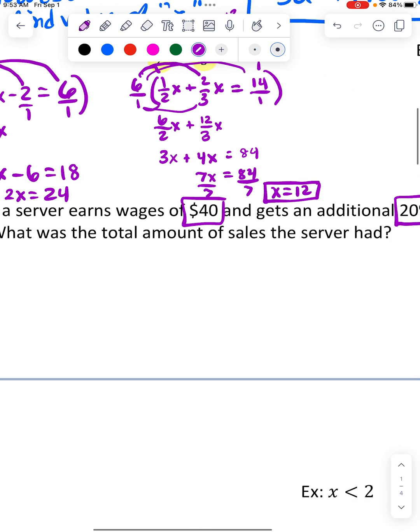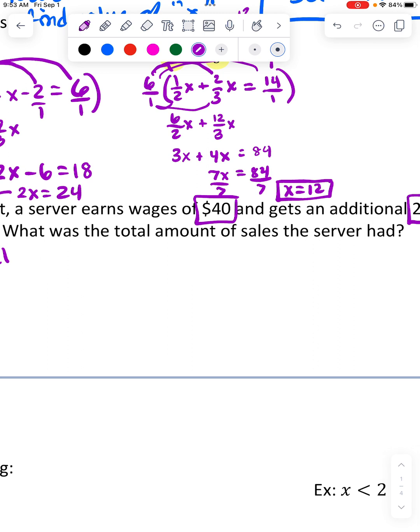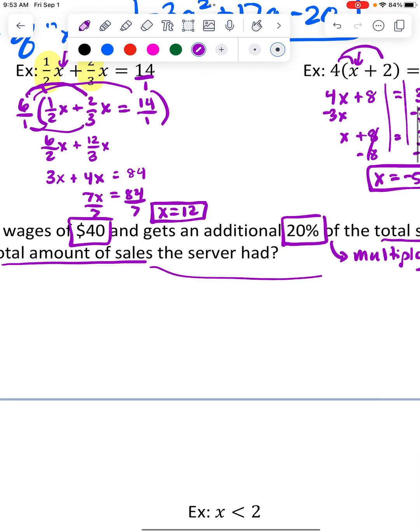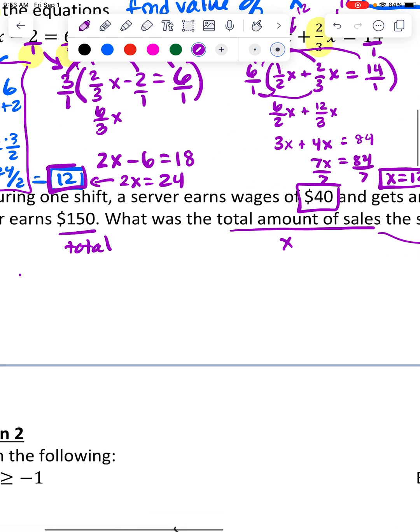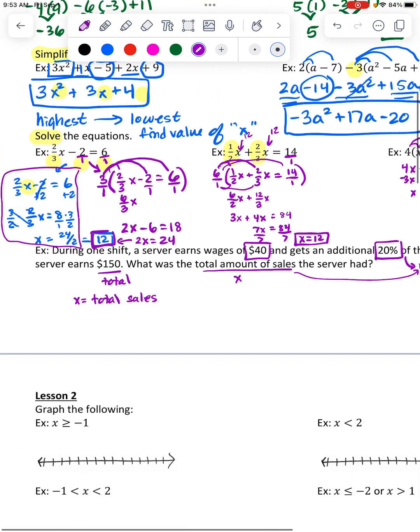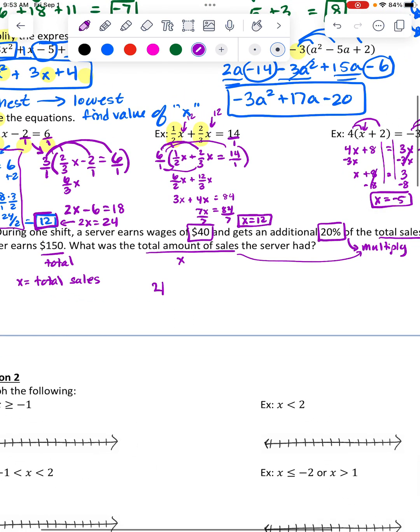I always really focus on the question part. So I'm looking now, what was the total amount of sales? So that is the thing that we were looking at over here. That is my x. So I go into the problem knowing that x is equal to total sales. And now I need to turn those words into an equation. So don't make this harder than it is. You start by getting paid 40 bucks.